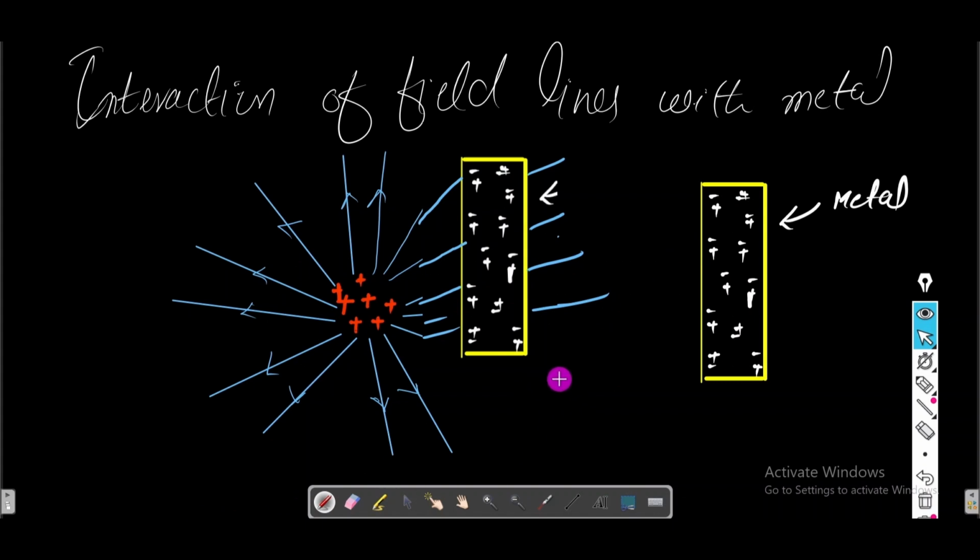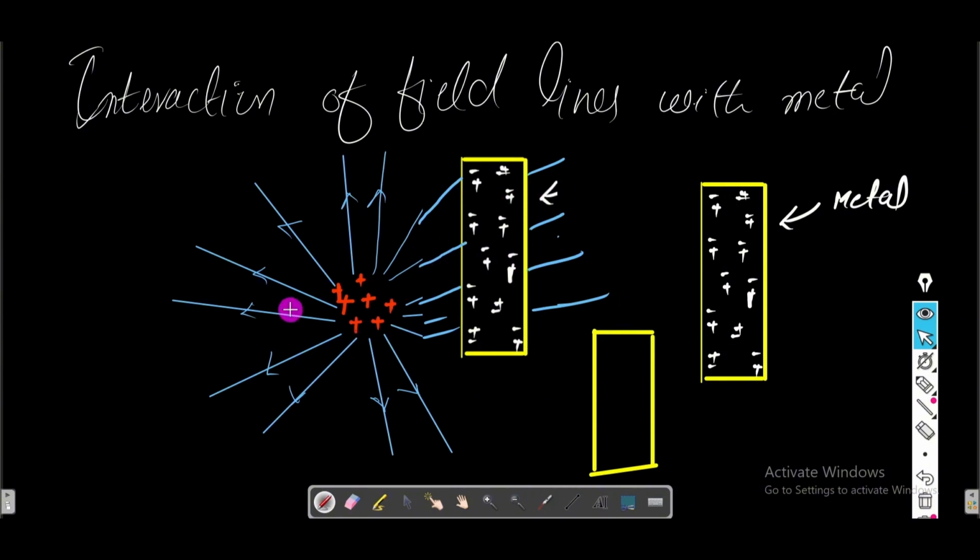I'm going to draw the metal, that same metal, and let's visualize that. Here I'm going to explain the concept.